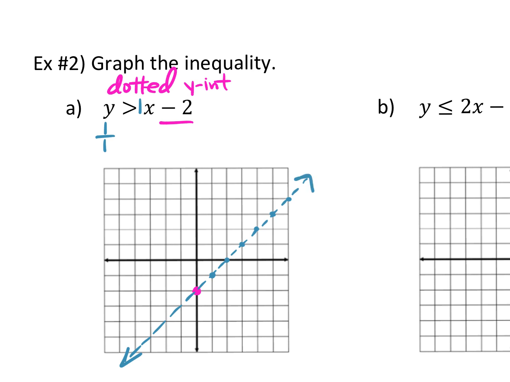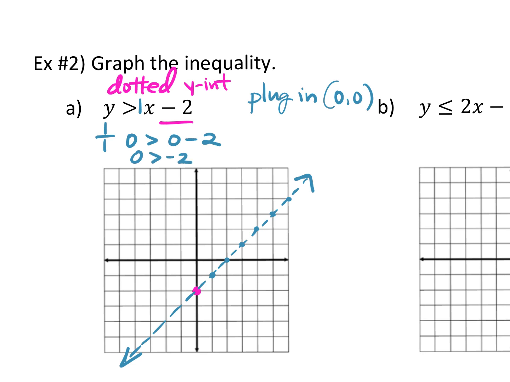Now it says y is greater than x minus 2. So what direction do you think you're going to shade? Up above. We're going to go up with it. The other way you can do it is plug in a point. 0, 0 would look like this. If I plug in the point 0, 0, then 0 is greater than -2.